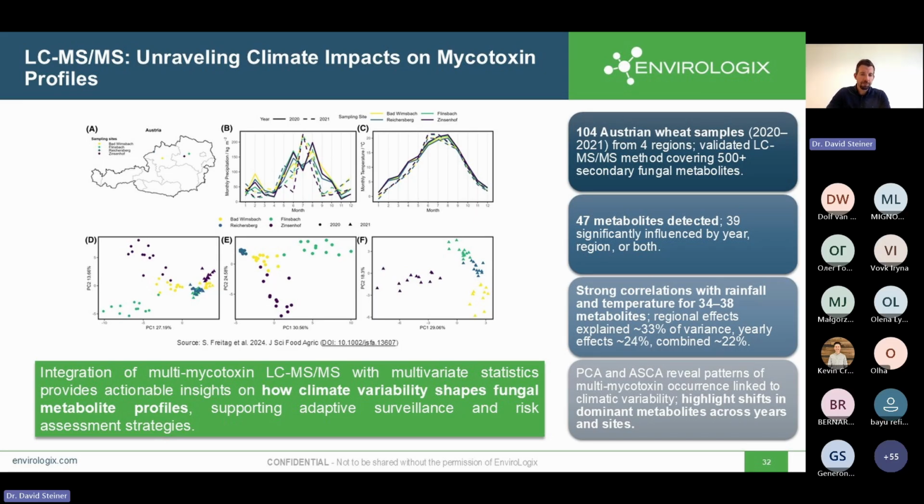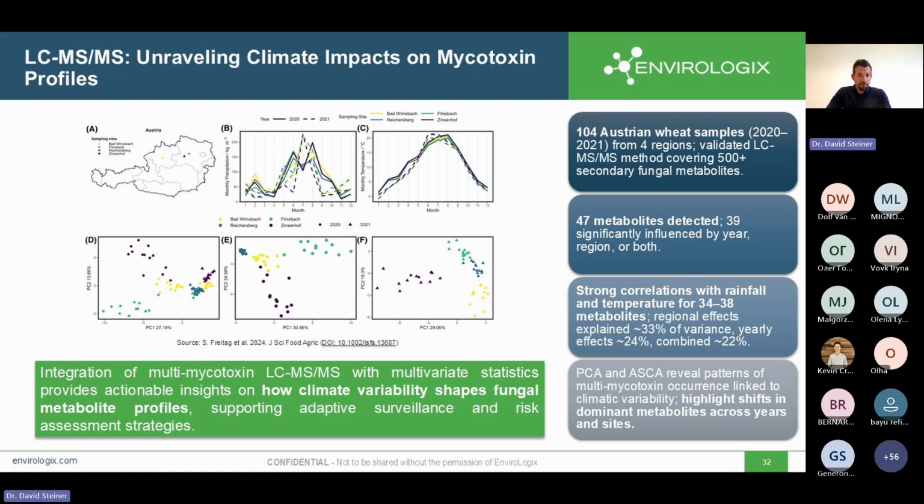In a study from also my former colleagues at BOKU, including more than 100 Austrian wheat samples collected between 2020 and 2021, 47 metabolites were detected, and 93 of which varied significantly with year, region, or both.